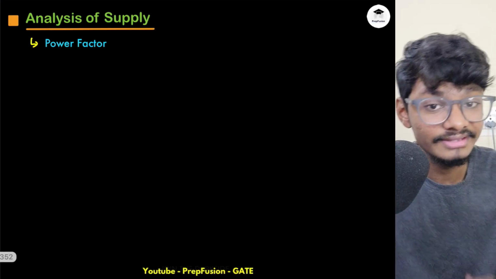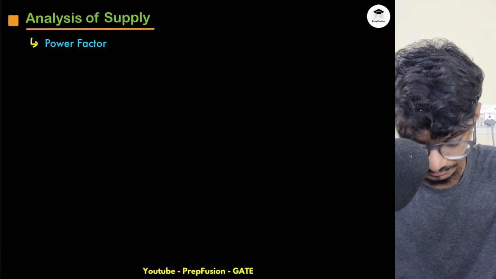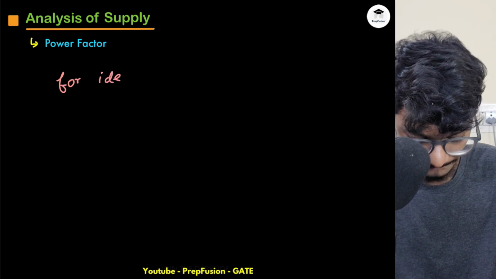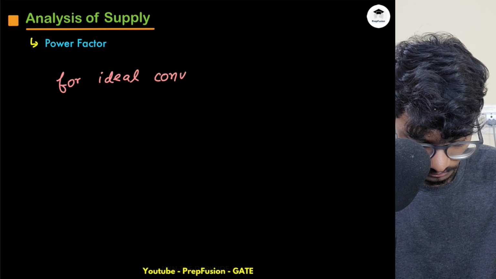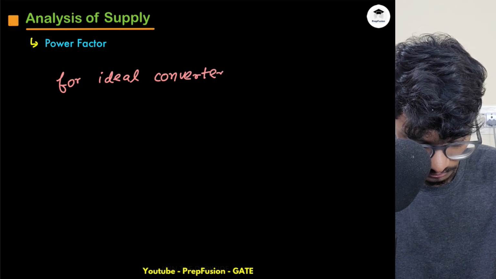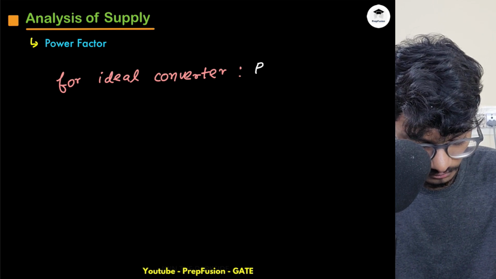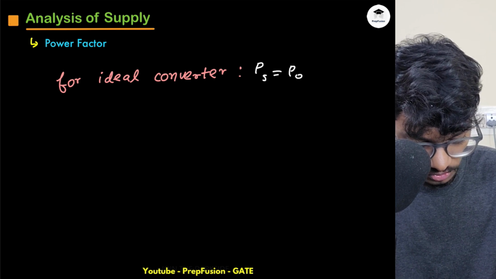Now, in this case, what is the power factor? For an ideal converter, I've already explained, PS is equal to PO.